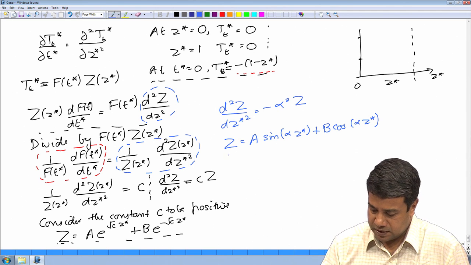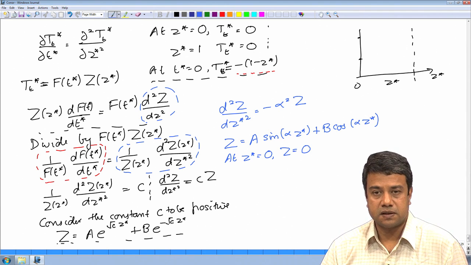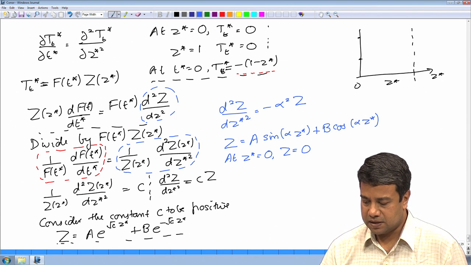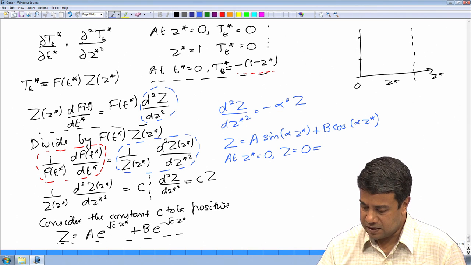At z equal to 0, capital Z has to be equal to 0. We said the transient temperature has to be equal to 0. So, at z star equal to 0, the sine is 0, cos is 1. So, this basically tells me that B has to be equal to 0.